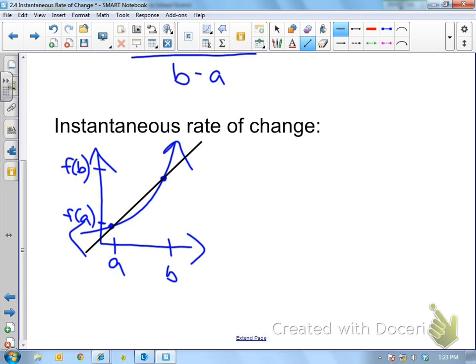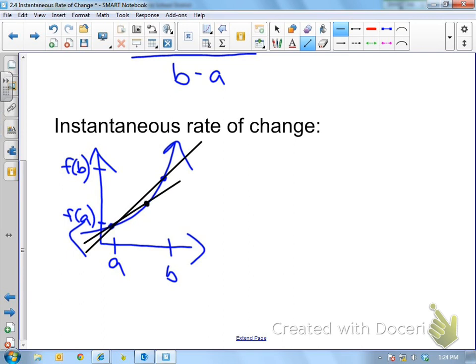I want to get a better estimate. So if I want to get a better estimate close to A, I should pick a point closer to A. So I go here, and I find another secant line. And then I do it again.